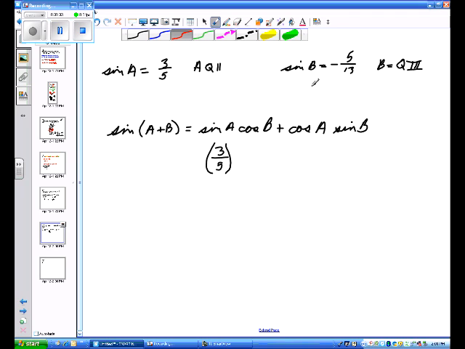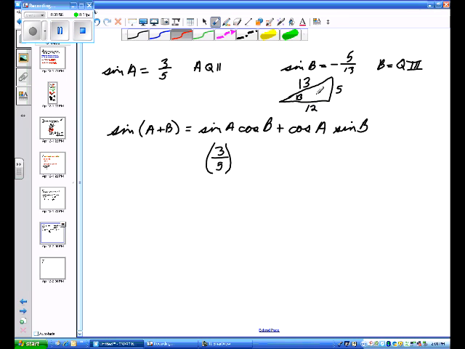So what we're going to do is some things that we did a lot earlier. We know the angle. We're going to draw a triangle. And if this is angle B, then the sine is the opposite over the hypotenuse. And if we use the Pythagorean theorem, we've got a 5, 12, 13.